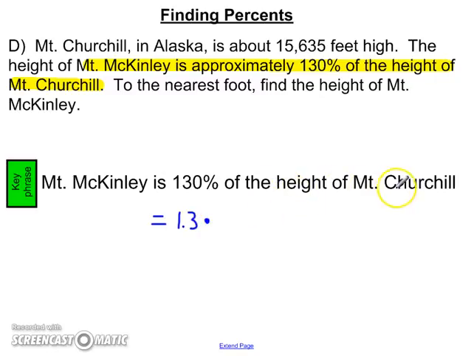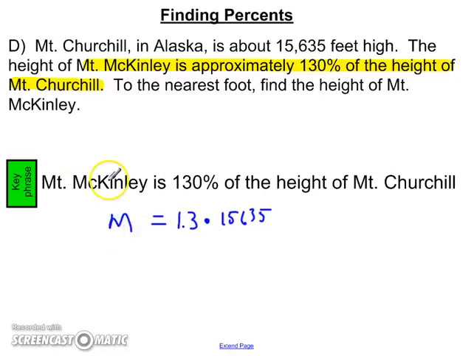Now, the height of Mount Churchill, well, we know in this particular case that Mount Churchill in Alaska is about 16,000 feet. We'll go with 15,635 feet. And Mount McKinley, that's the thing that we're trying to find.